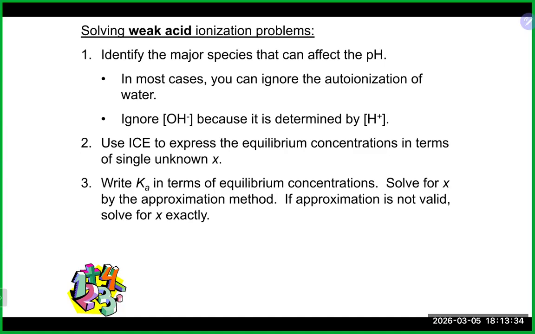Now, some books and some people, and you sometimes see it in like solution problems, sometimes they'll go, well, the H plus concentration that came from the acid is much less than the stagnant water concentration of H plus that was in that solution. So we'll just go with water's concentration of H plus. So we don't worry about water's contribution to H plus or water's contribution to OH minus in these type of problems.